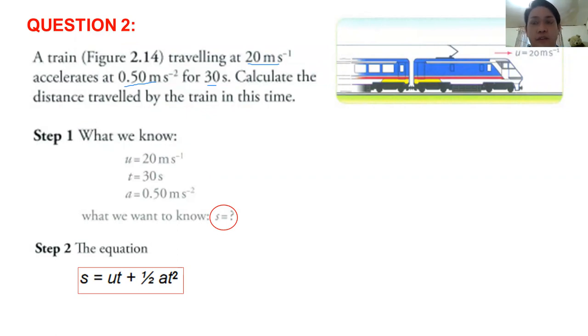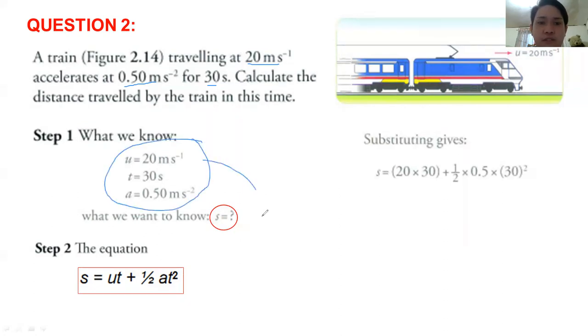Your formula to be used is based on the given that you have. So we can use the equation 3 where we have S is equal to UT plus 1/2 AT squared.